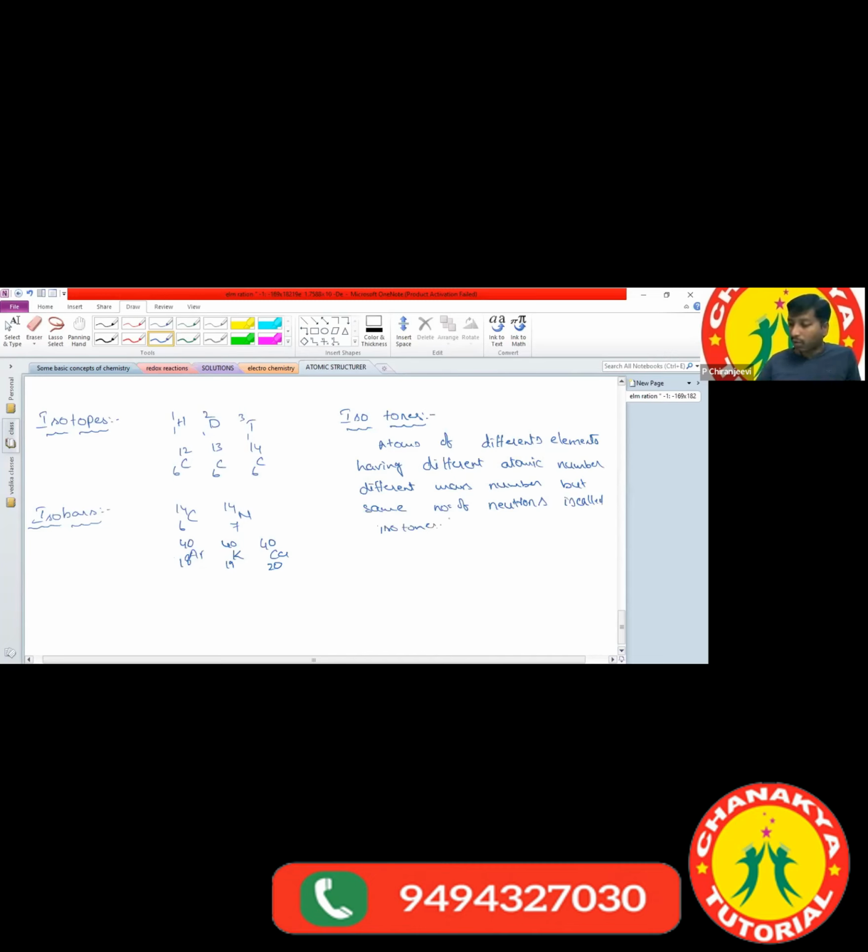Isotones have different physical properties and different chemical properties.